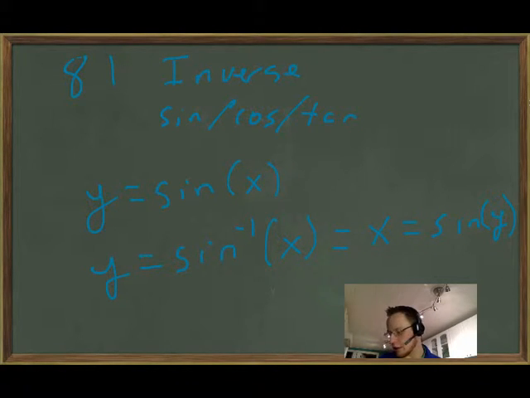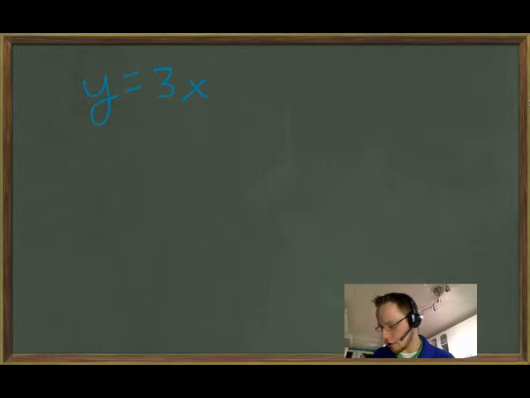Okay? Some other instances that use inverse: let's say we had y equals 3x. The inverse of this, we flip the x and the y, and we solve again for y.